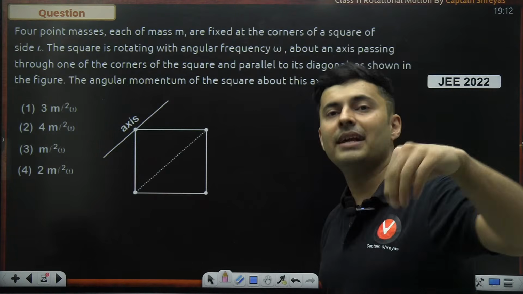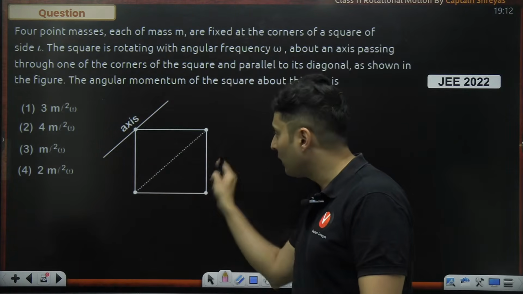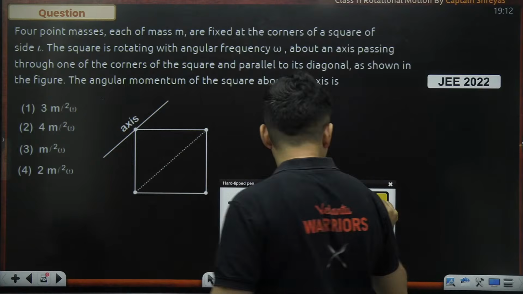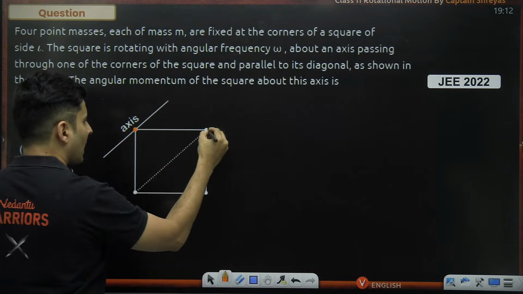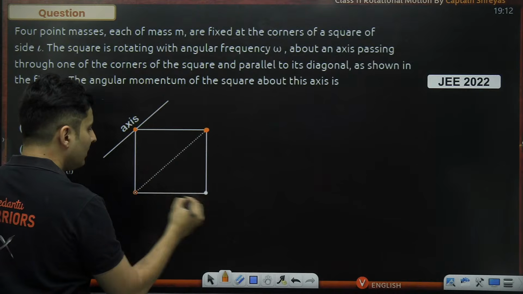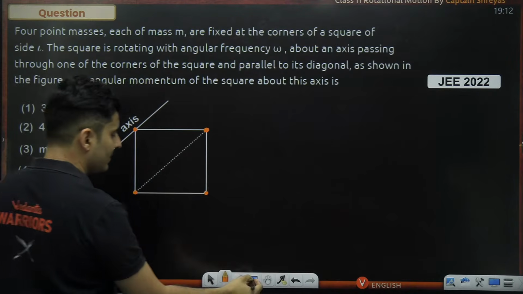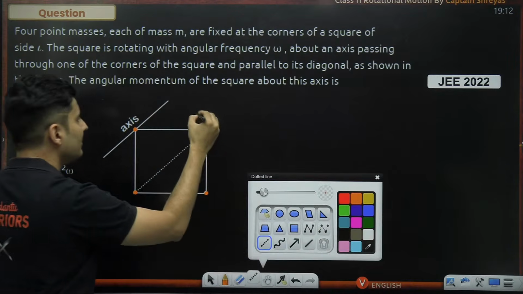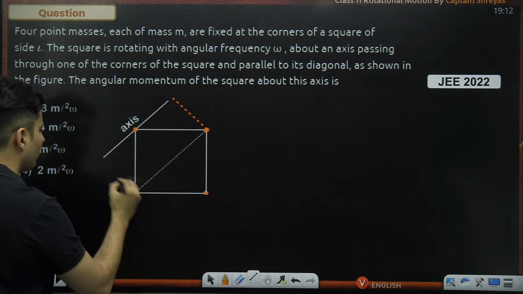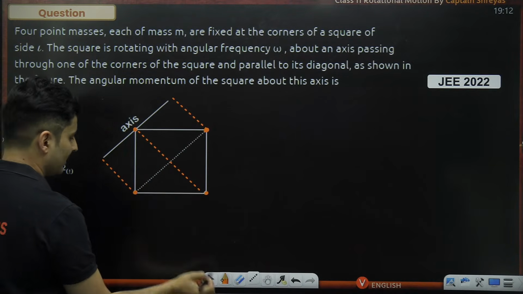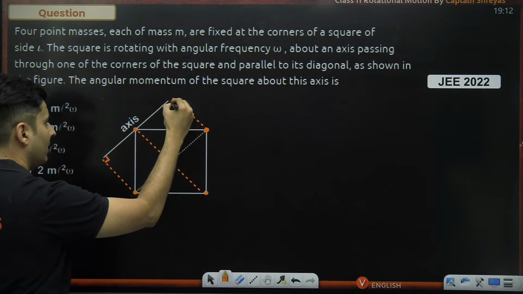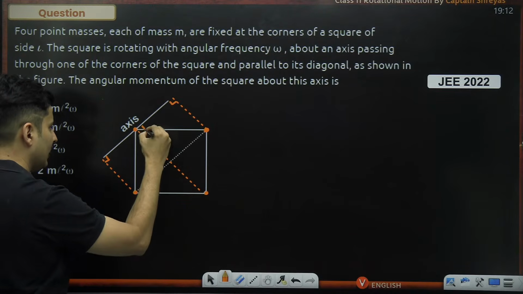So treat this like a simplified problem where you have to find moment of inertia, out of which one of the masses is on the axis and only 3 other masses are away from the axis. So these distances will matter. This is R, and this is R, because that is your R1, R2, R3, like that.